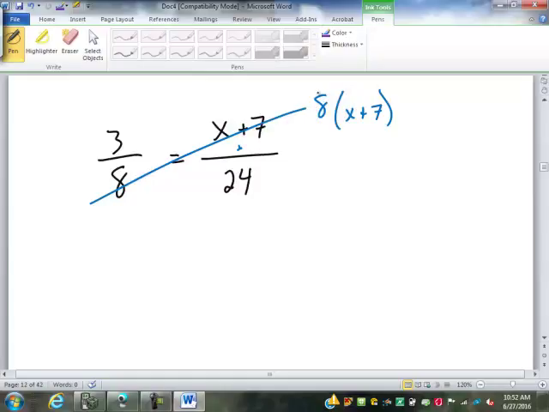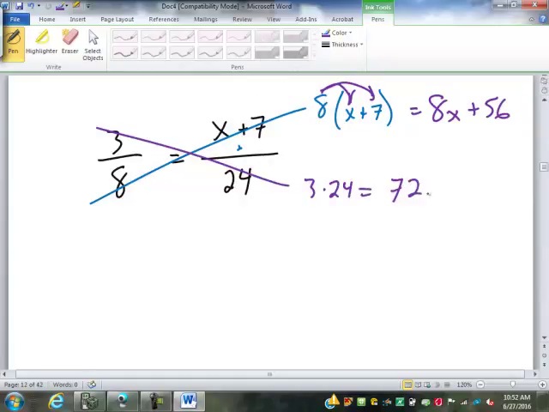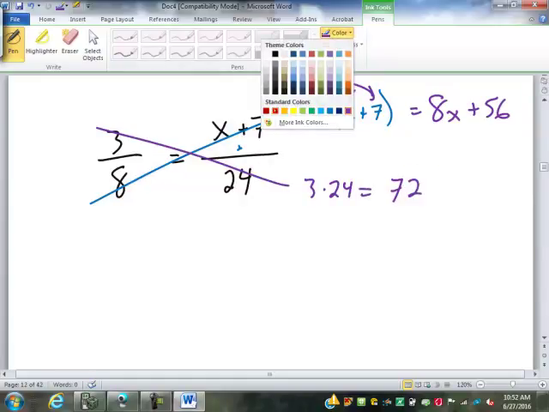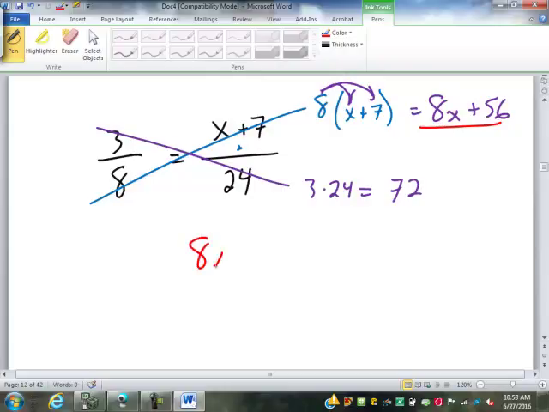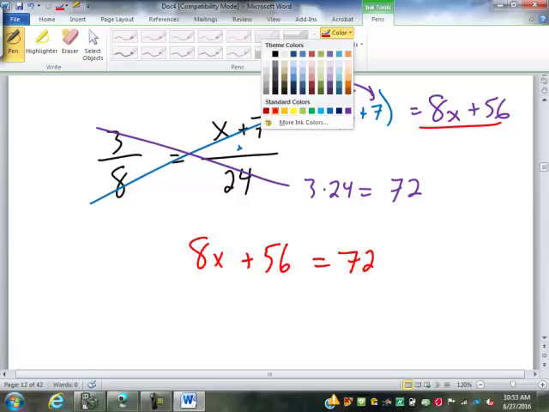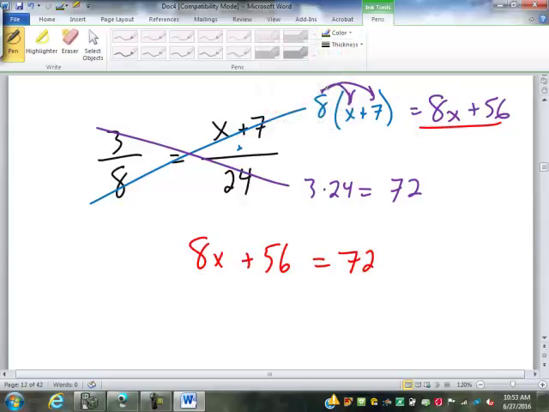So what is that if I multiply it out? What's 8 times x? 8x. 8 times 7? Positive 56, so plus 56. Then going the other way, 3 times 24 is 72. So we know from this 8x plus 56 must equal 72. How do we solve that?